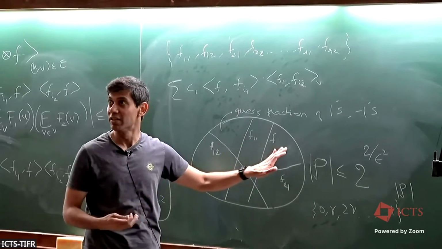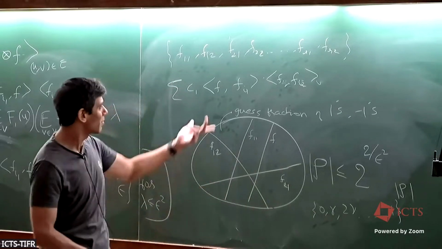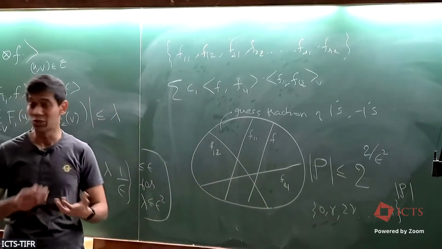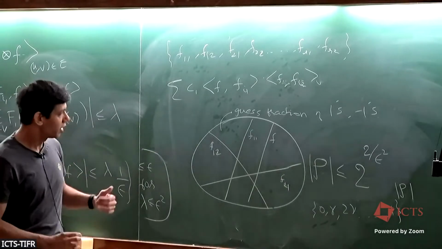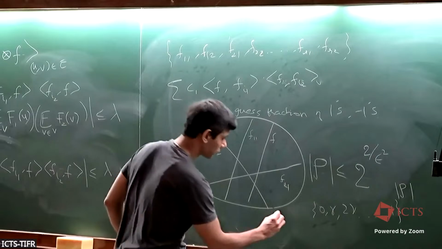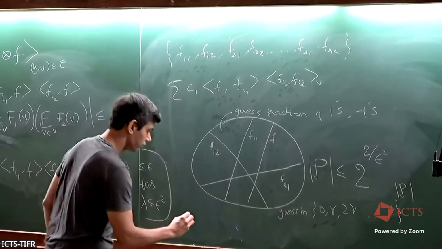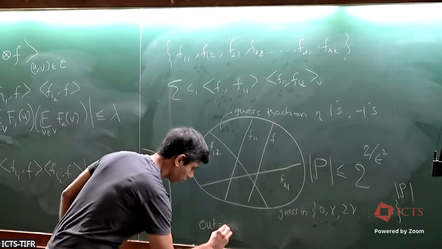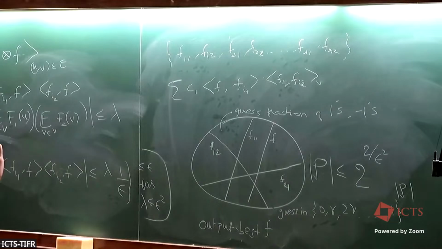This doesn't impose any constraint on this part. The inner products could have imposed constraints on each other because we didn't know how these functions overlap. So I just guess all of them, and I output the best f.